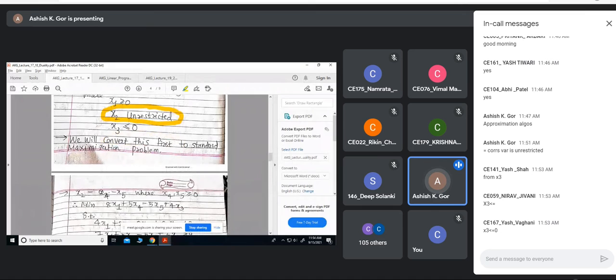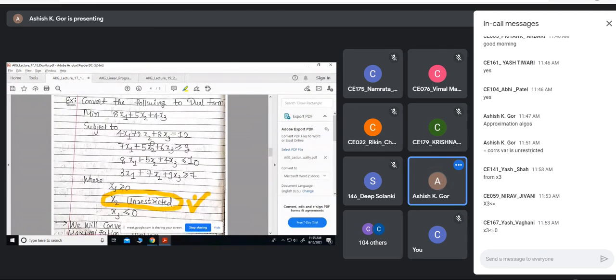Because x2 is unrestricted, it can be written as a subtraction of two non-negative numbers, x4 minus x5, both non-negative. So I replace x2 with x4 minus x5, where both x4 and x5 are non-negative.